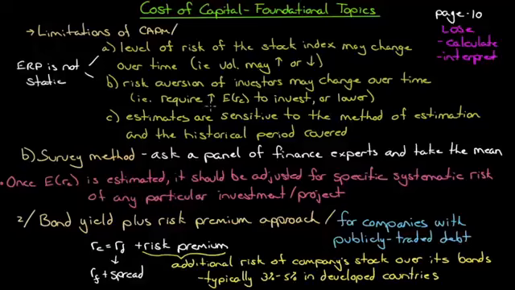So investors may require higher expected returns to invest, or after a long period of relative calm in markets, meaning no major bear market leading to deep recessions, they might actually require a lower expected return. And estimates are sensitive to the method of estimation and the historical period covered, estimates of beta and estimates of the equity risk premium as well.